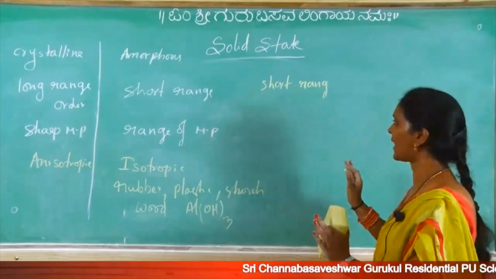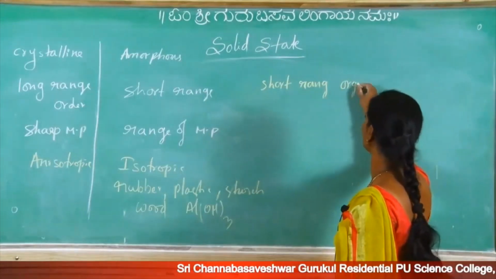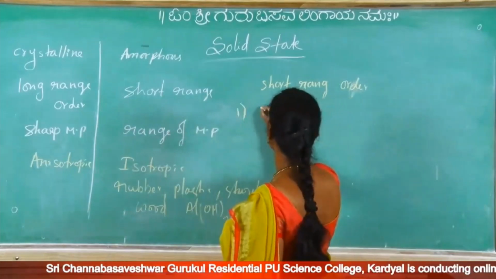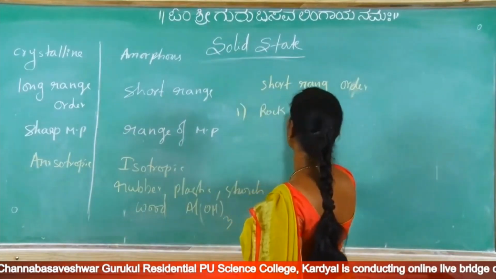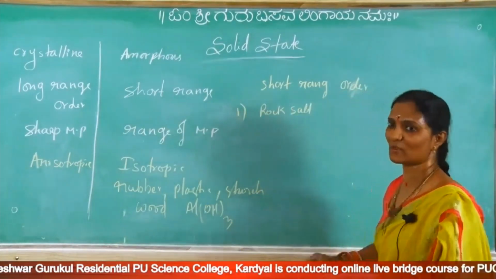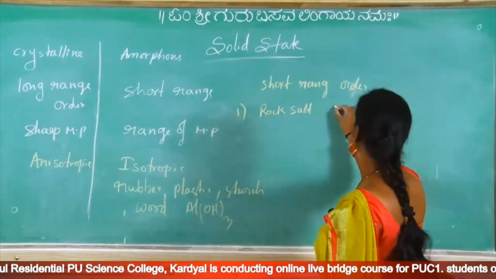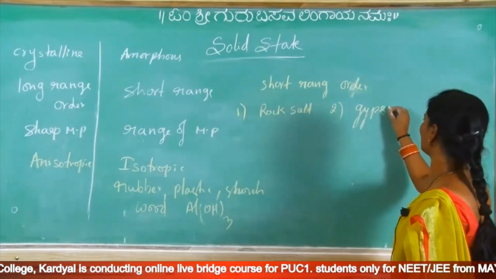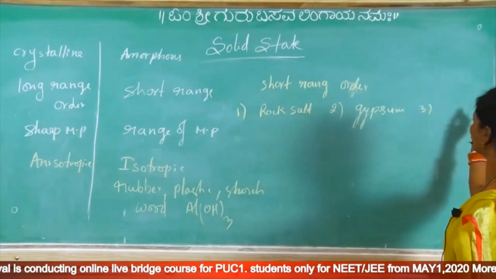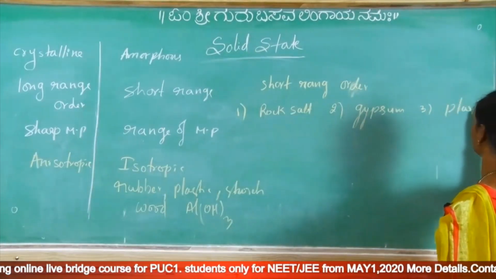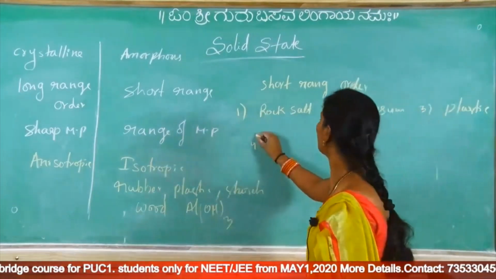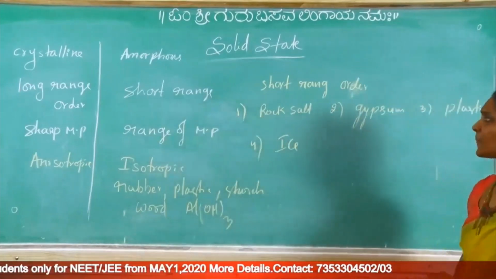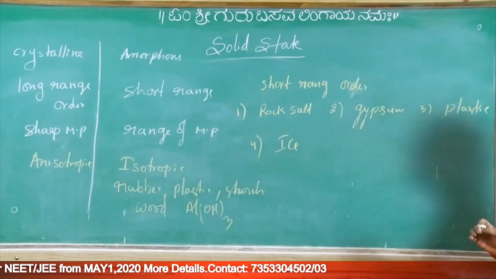Options: rock salt, remember common names. Second one, gypsum. Third one, plastic. And the fourth one is ice. Which one has short range order?